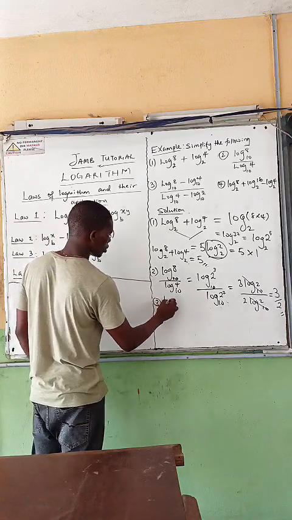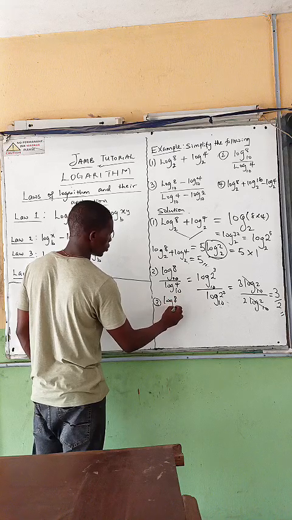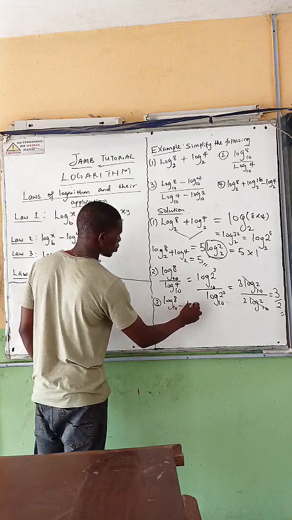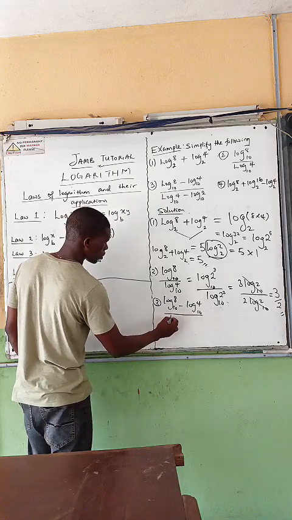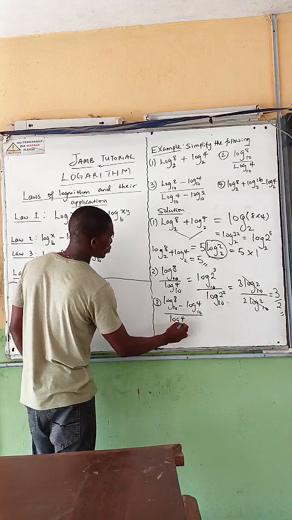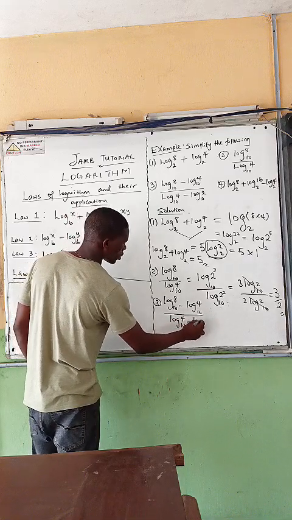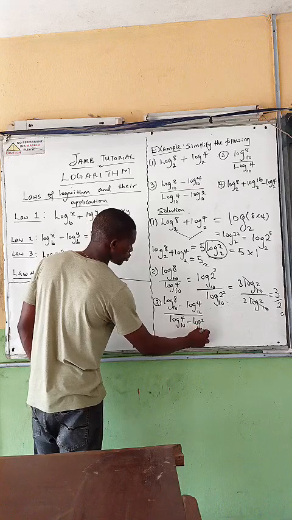We have log 8 to base 10 minus log 4 to base 10, over log 4 to base 10 minus log 2 to base 10.